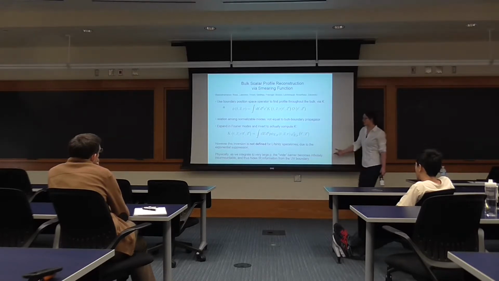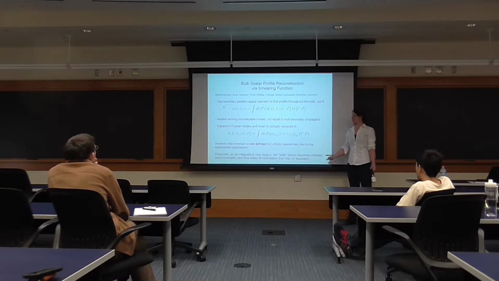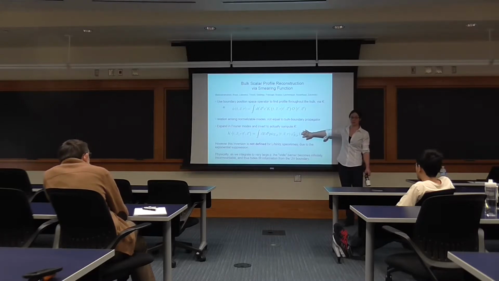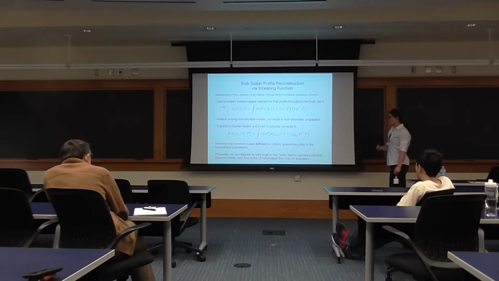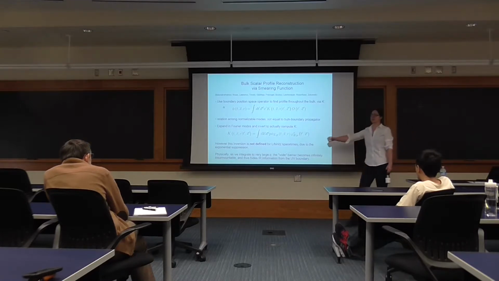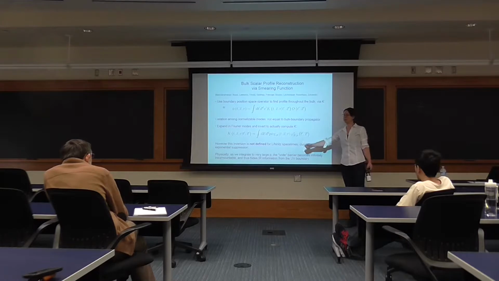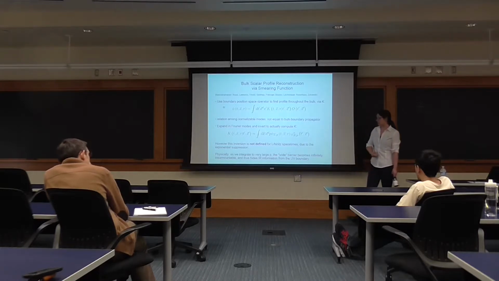The physical way to think about this is we integrate to very large p, which you're going to have to do when you're doing this reverse Fourier transform. When you integrate to very large p, the barrier is becoming infinitely insurmountable, and it's hiding some information about the IR from the UV. Specifically, it's hiding the p equals infinity limit information.